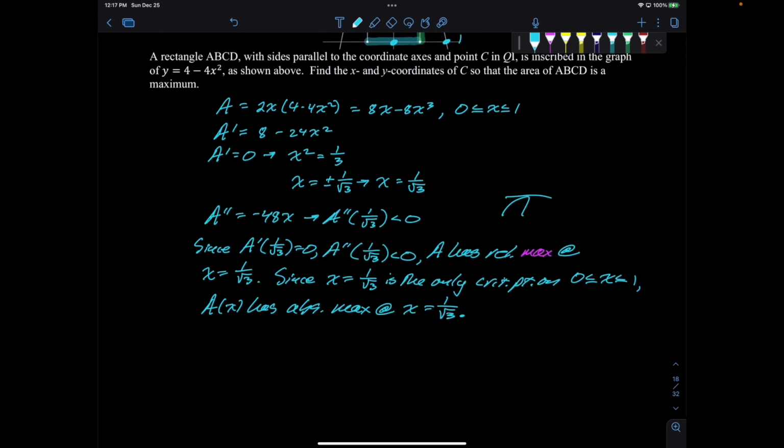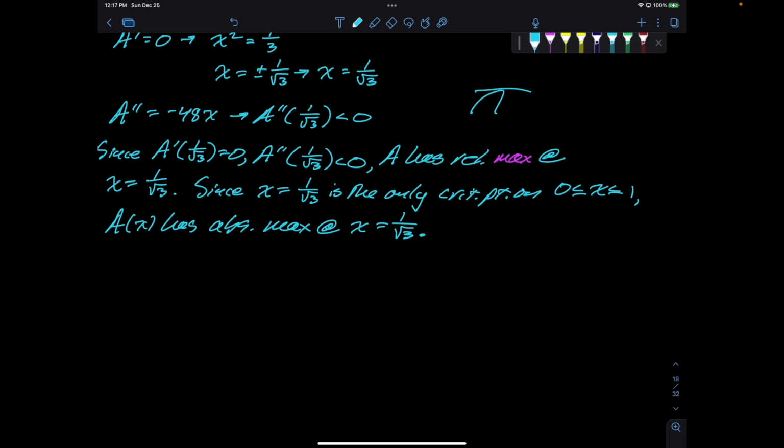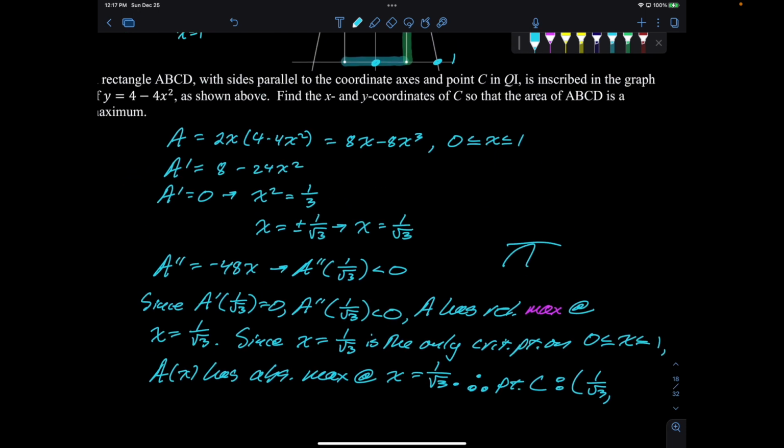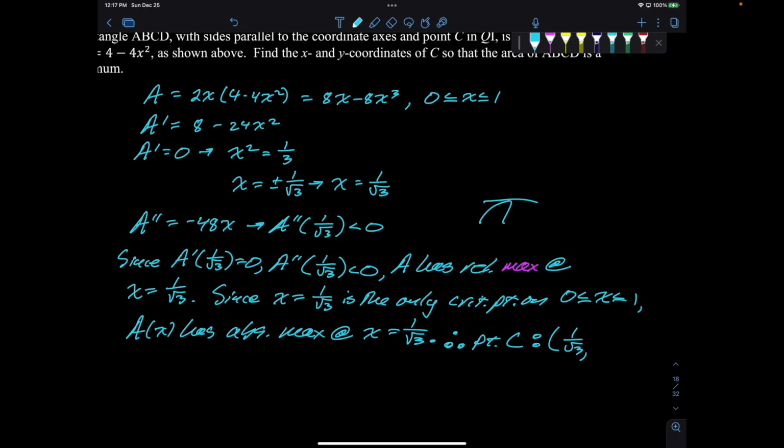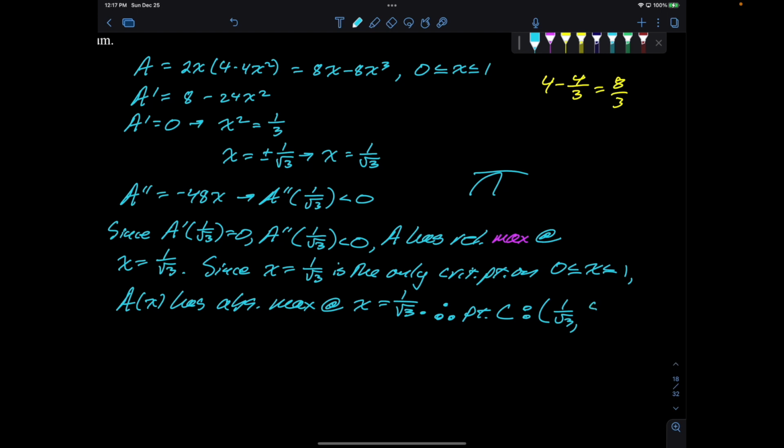So that would make the coordinates, so point C is 1 over root 3 comma, we got to plug into this, so that'd be 4 minus 4/3. So 4 minus 4/3, 12 minus 4 is 8/3, so 8/3.